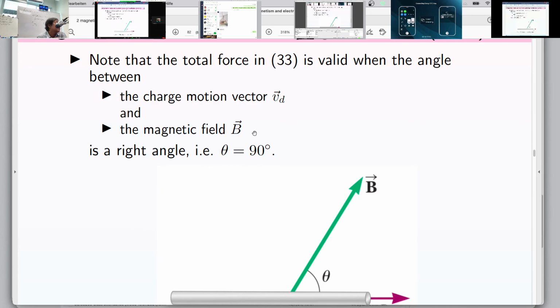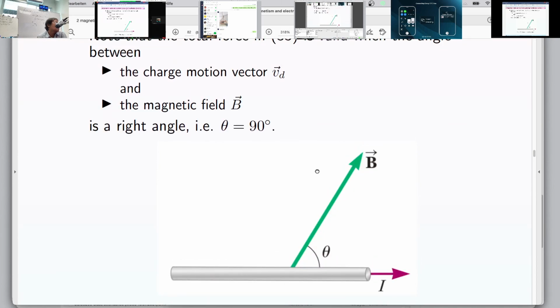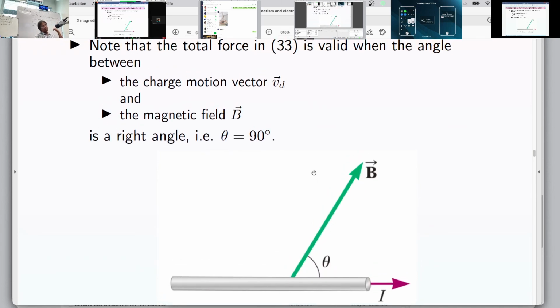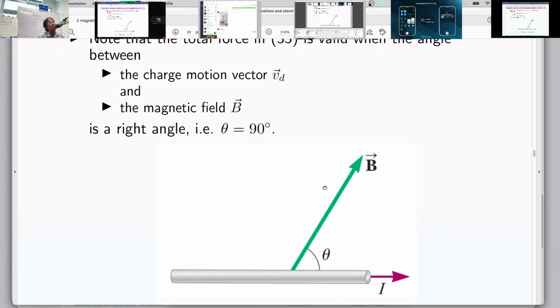What happens if the angle between vector B and vector V is not 90 degrees? When the angle is not a right angle, what could we do? You know that before, we had the right angle between the direction of the current movement and the magnetic field direction, the B variable.